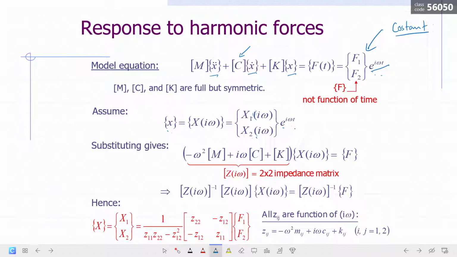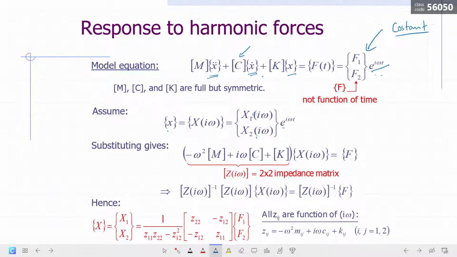Okay. Then we can take the first time derivative and then the second time derivative and substitute back to this equation.